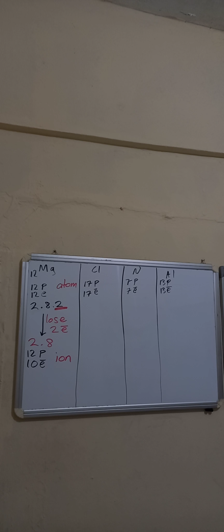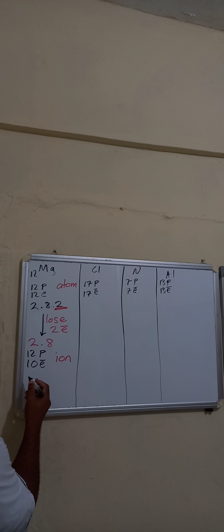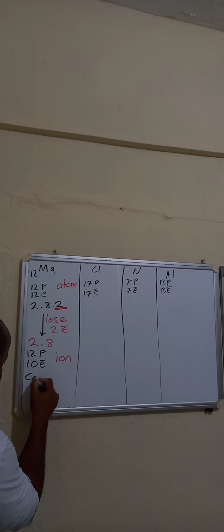So, is it a positive ion or a negative ion? Let's compare the amount of protons and the amount of electrons. Remember, this is the sign for the electron. If you have more protons than electrons, then that is a positive ion. The positive ion is called the cation.